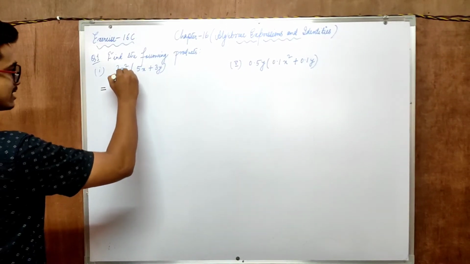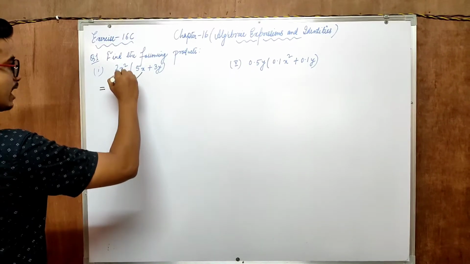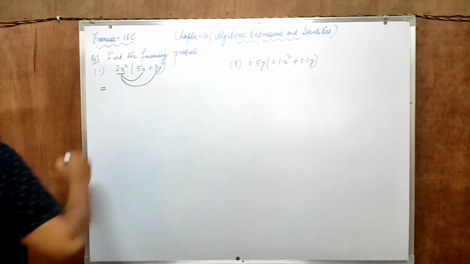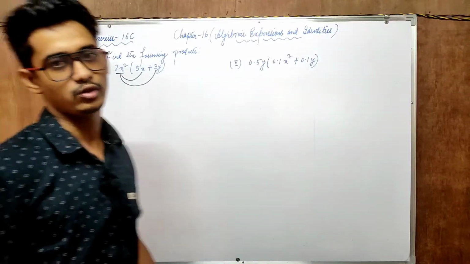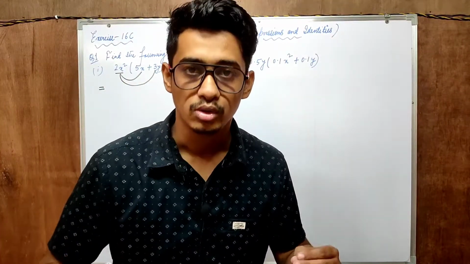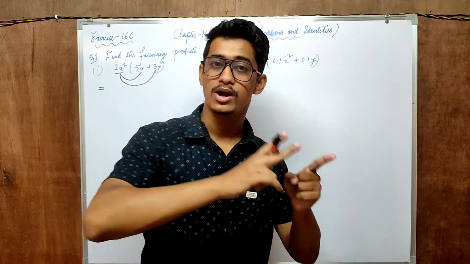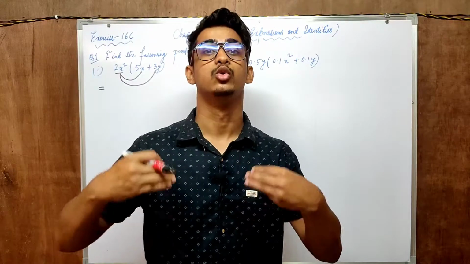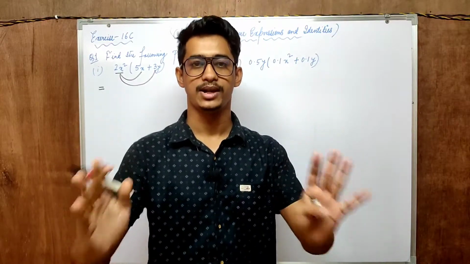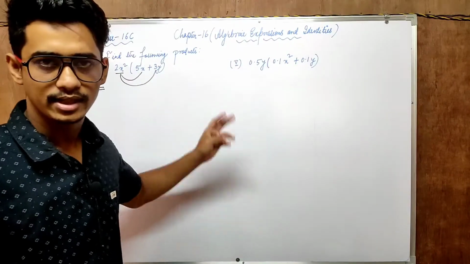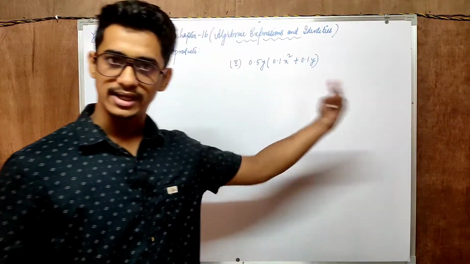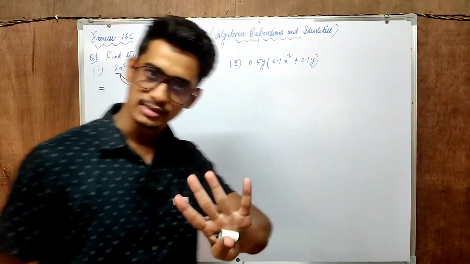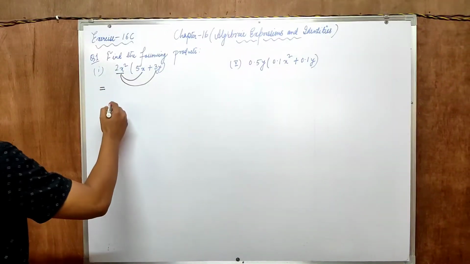That 2x square is multiplied to 5x and 2x square is also multiplied to 3y. That is the exact process you have to look at. The outsider number should multiply itself to the insider numbers inside the bracket. If 2 numbers are there, 2 times multiplication. If 3 numbers are there, 3 times. Right? That's about it. Now let's just do it.